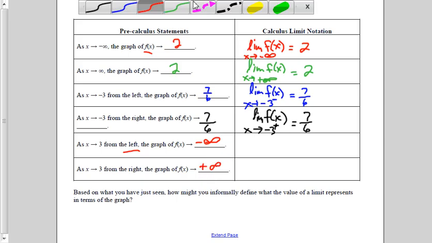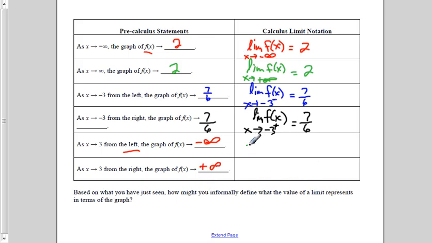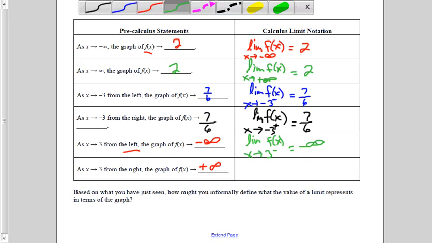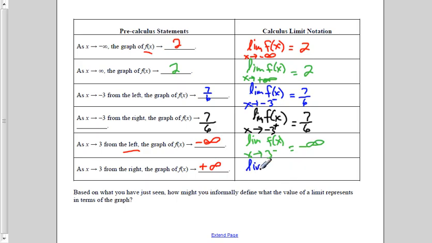The limit of f of x as x approaches positive 3 from the left is going to approach negative infinity. And now the limit of the function as x approaches positive 3 from the right is going to approach positive infinity.